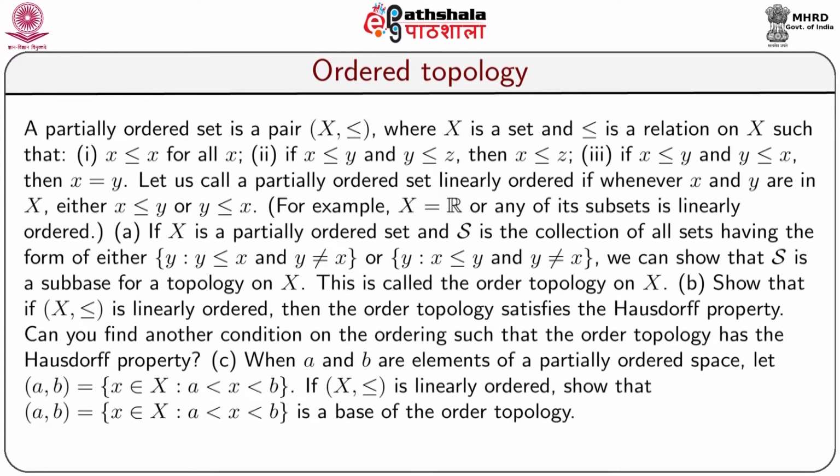So, how will we give this example? First, we have to define an order relation on a non-empty set X. Let X be a non-empty set and let ≤ be a relation on X which satisfies the following properties. Number 1, x ≤ x, that is the reflexive property.